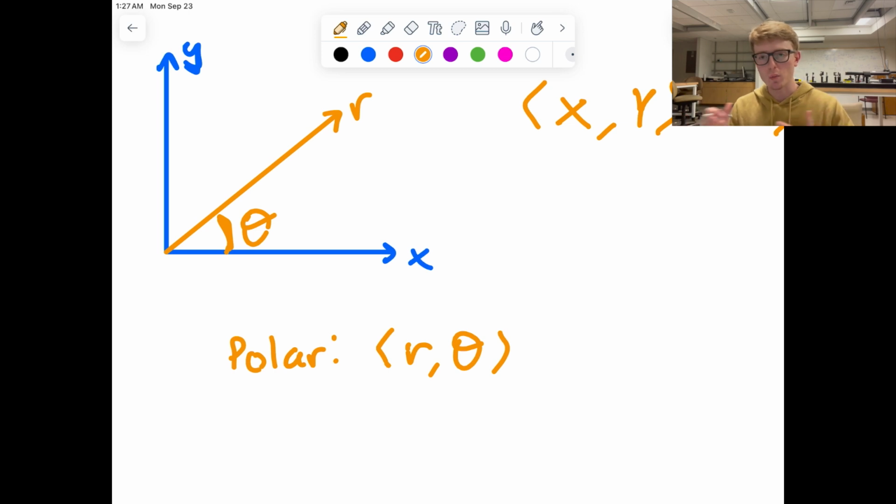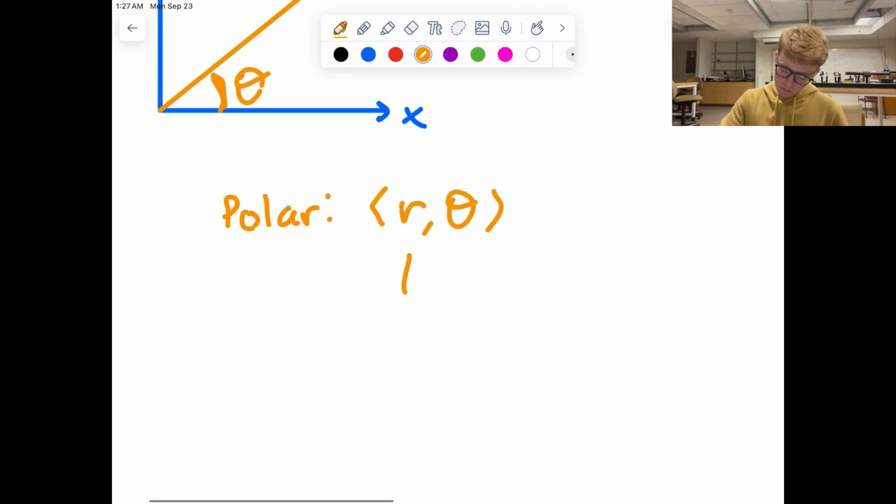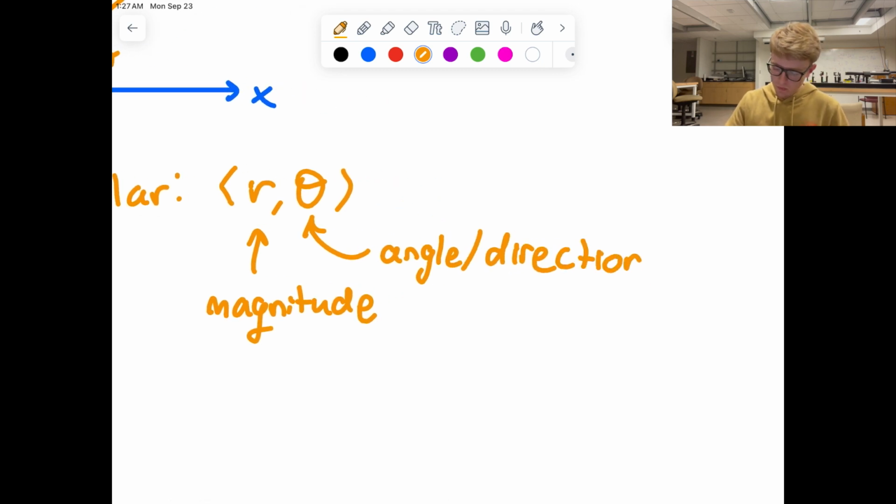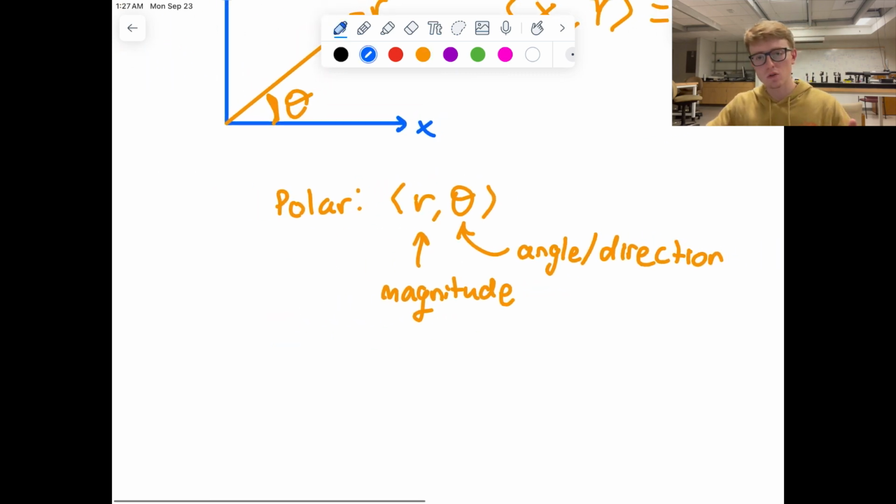There's just another angle because it's in 3 dimensions. So we'll keep it like this for now. But just remember, this is the magnitude, and this is the angle, my directional component, right? Okay, so that's that. There's our two coordinate systems.